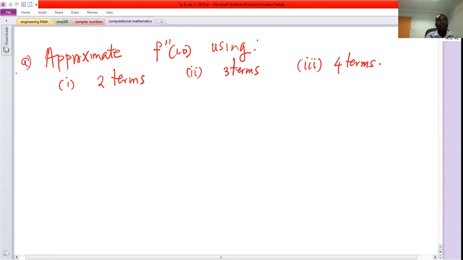We have the table, we have drawn the difference table, and then they tell us to approximate the value of the second derivative at 1.0.